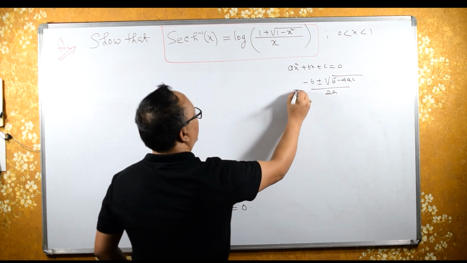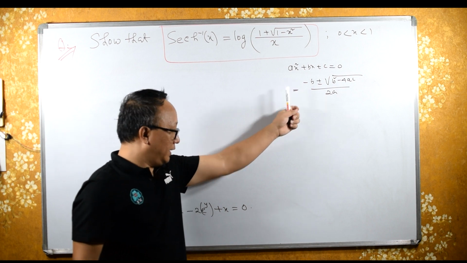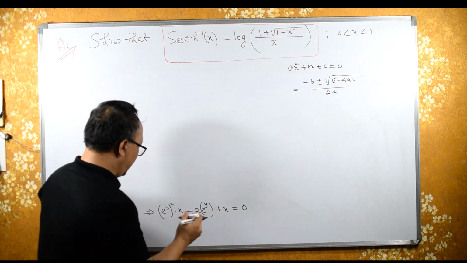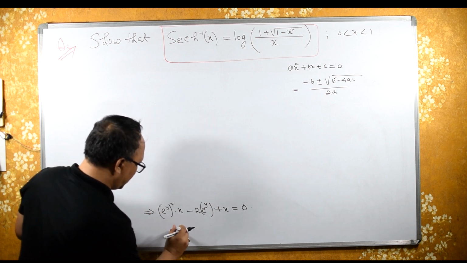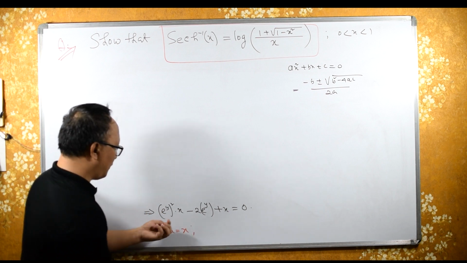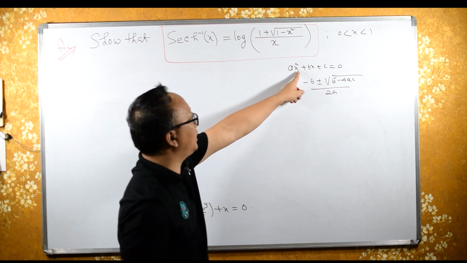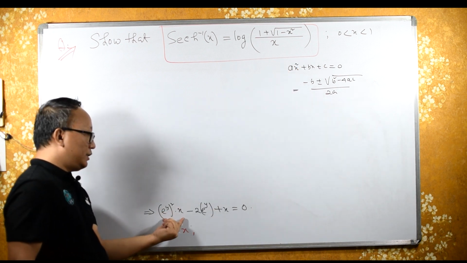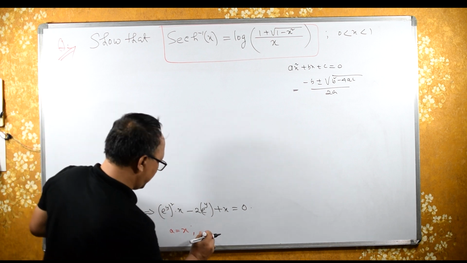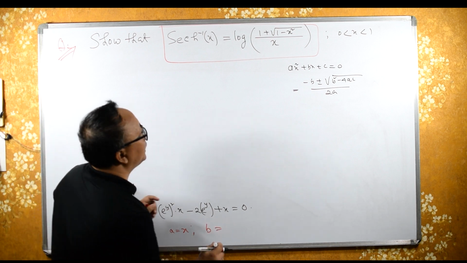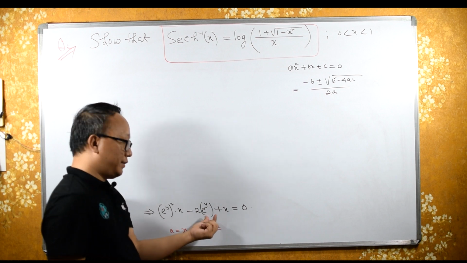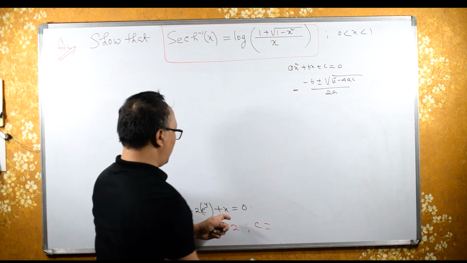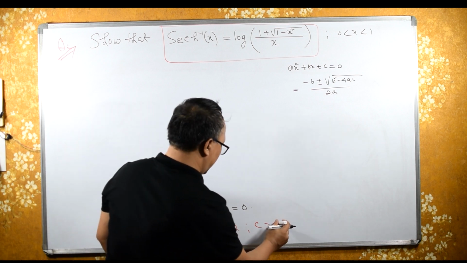Comparing with this: a is x, the coefficient of e raised to y whole square. b is the coefficient of e raised to y, which is minus 2. And c is the constant term, which is x.